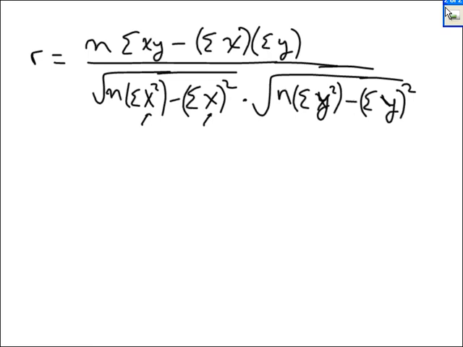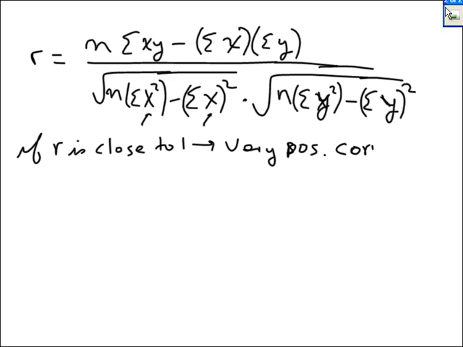It turns out that if R is close to 1, that means you have a very strong positive linear correlation. On the other hand, if R is close to not 1, but negative 1, you have a very strong negative correlation.